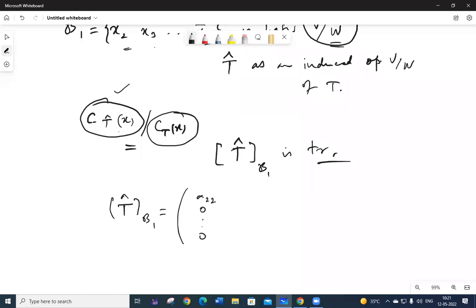Some alpha 2 3 and some alpha 2 n. Here again you get alpha 3 3 and so on up to alpha 3 n. And this alpha n n.